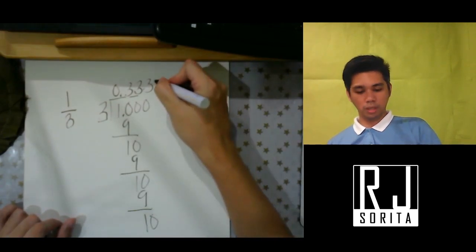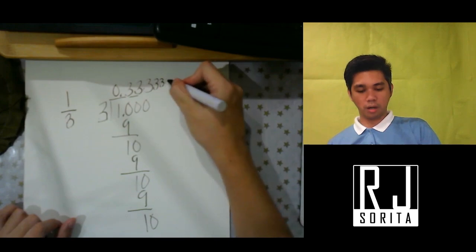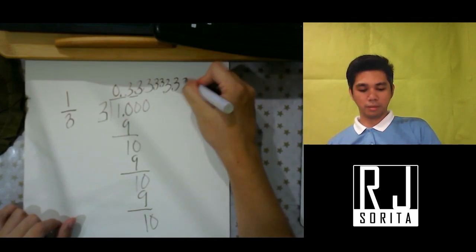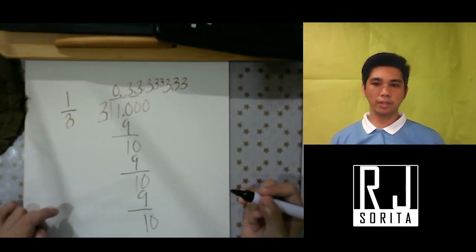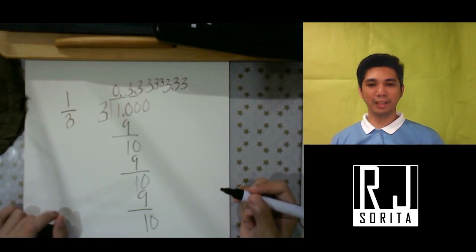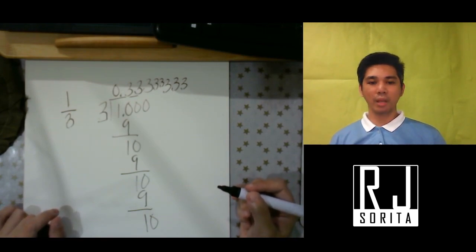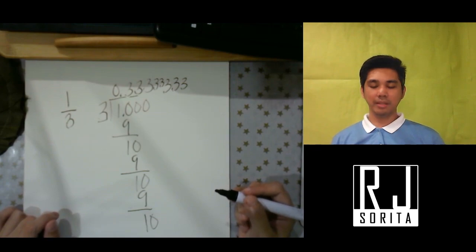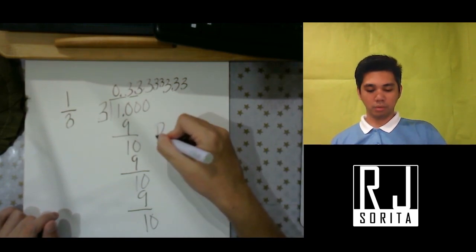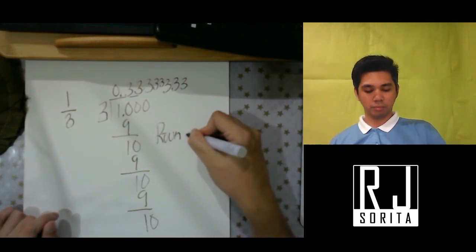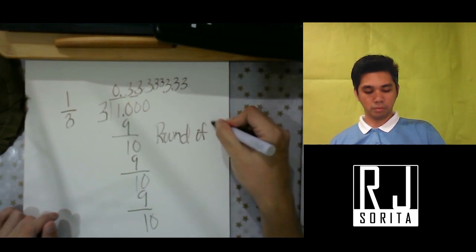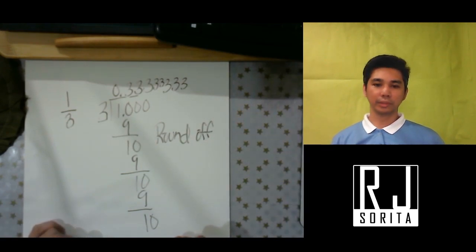So if you will notice, there are trailing 3's up until infinity. So what should we do? In this case, you have to round off.